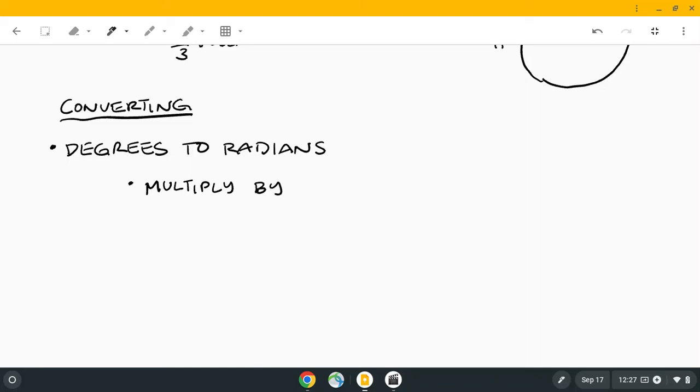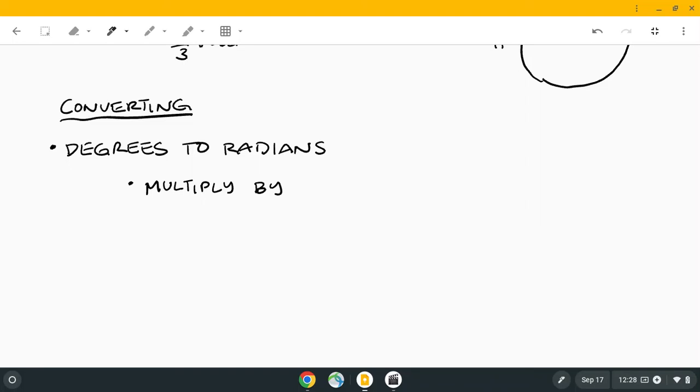First of all, you can only multiply by 1, or else you change the value, right? So if you have 30 degrees and you multiply by some number other than 1, then you no longer have 30 degrees. We're trying to find something that's equivalent to 30 degrees. So you can only multiply by the number 1, but you have to multiply by 1 written in some equivalent form.